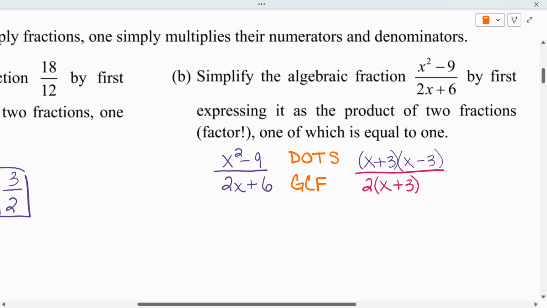Do you see any term or factor in the numerator that's exactly the same as the denominator? So we can cancel those out. So when I simplify this, I'm left with x minus 3 divided by 2.